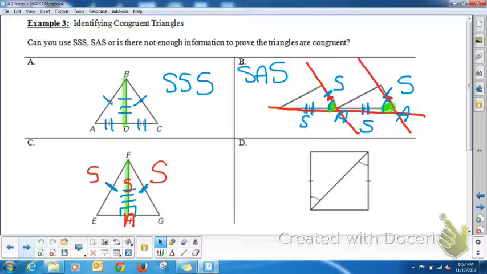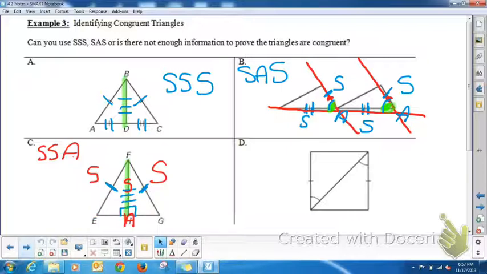You have to go in order when you are reading triangle congruence. You can't skip over more than one thing. So in this case, if we look at just this triangle, EFH, we have side, side, angle, because you have to go like this. We can skip over an angle, but you can't go this way. You can't go side, skip an angle, skip a side to another angle to a side. You can only skip over one thing, either an angle or a side, when you're reading these. So we have side, side, angle.